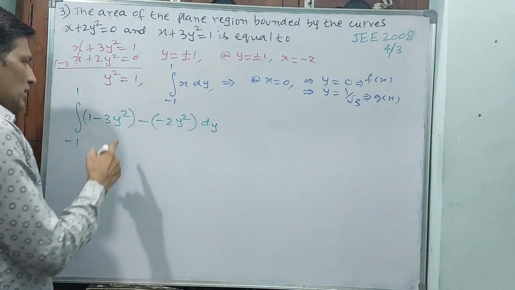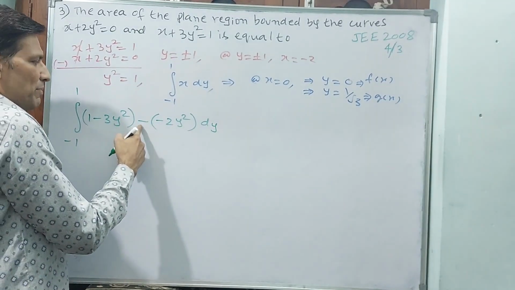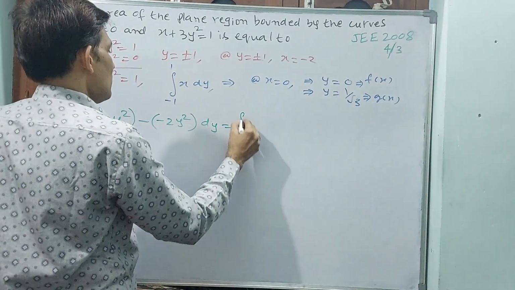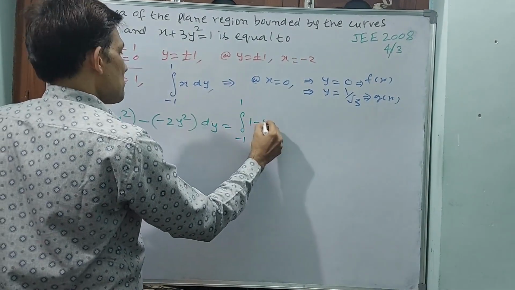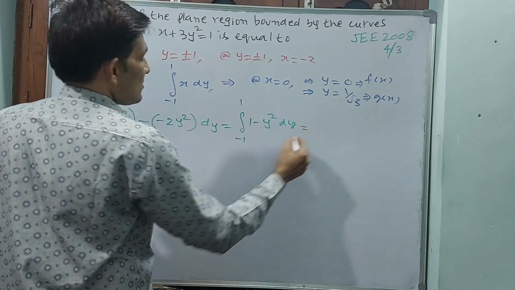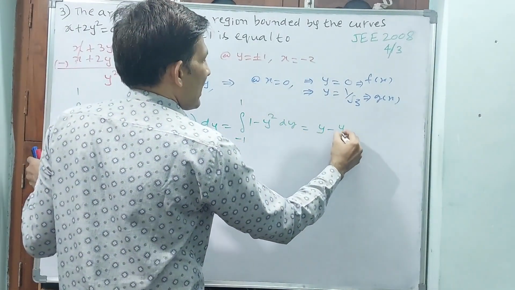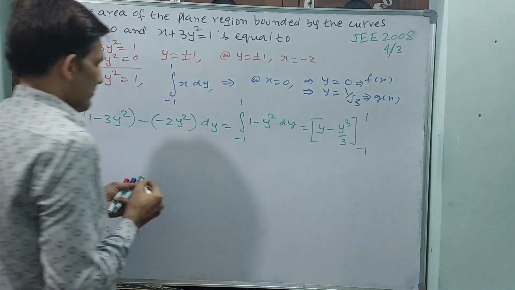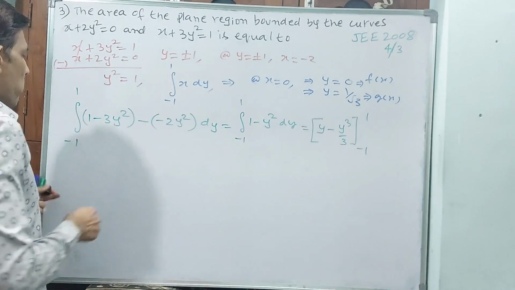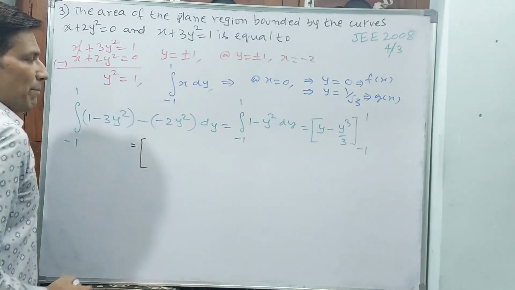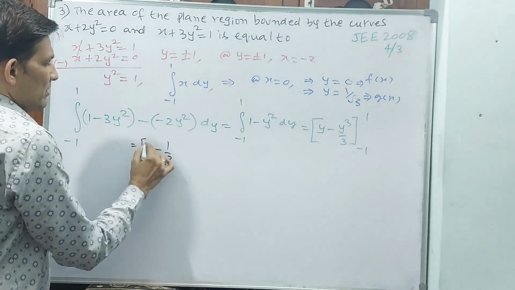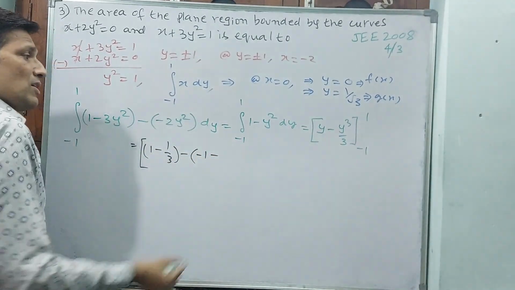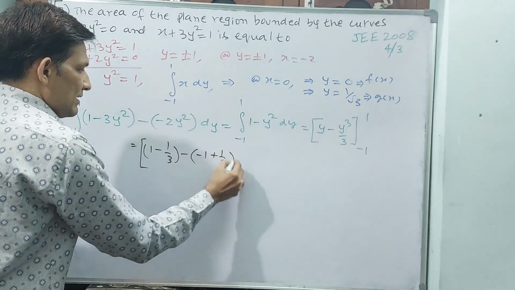Now, minus of minus is going to become plus: 1 minus 3y square plus 2y square, that is equal to integral from minus 1 to 1 of 1 minus y square dy. That is equal to y minus y cube by 3, from minus 1 to 1. Upper limit: 1 minus 1 by 3, minus lower limit: minus 1 plus 1 by 3.